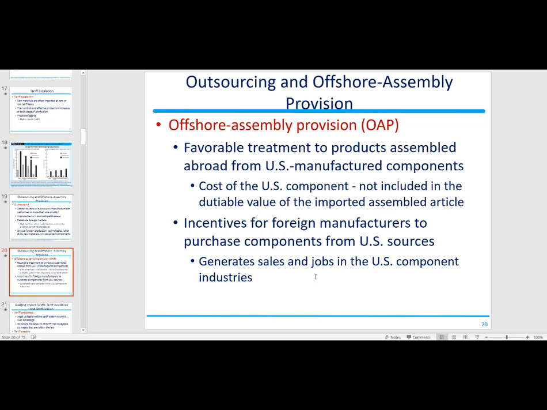Basically, that part of the cost of the imported good is going to be ignored for tariff purposes. So it's an incentive for foreign producers to use US made components.